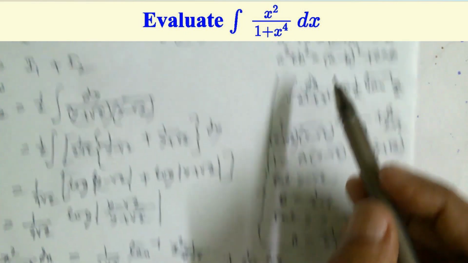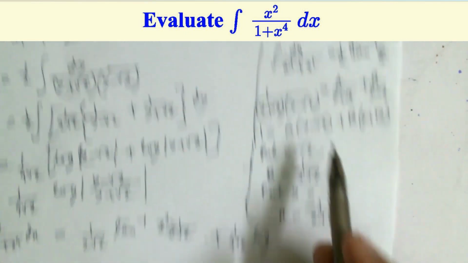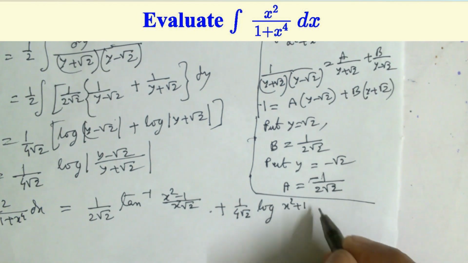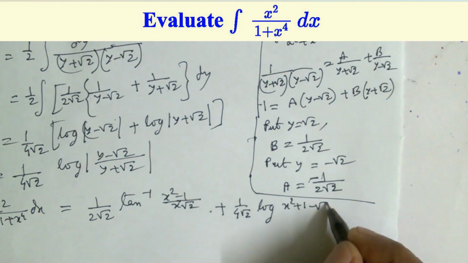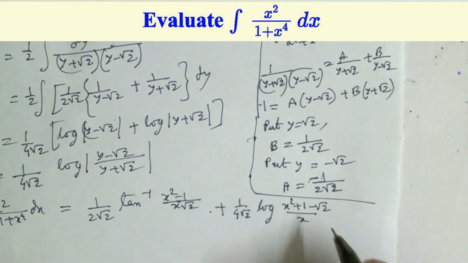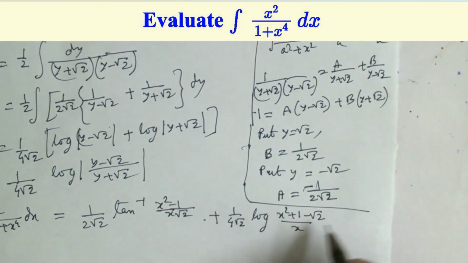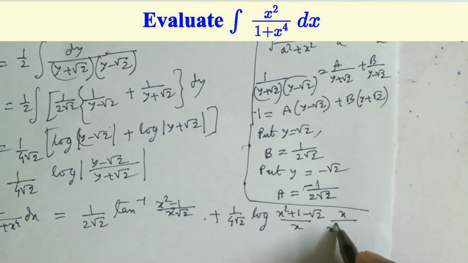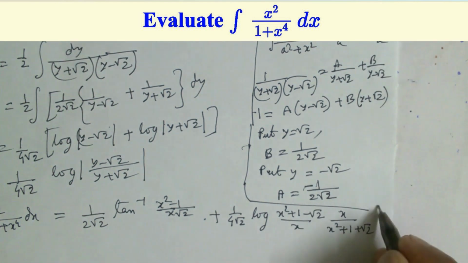What is y? x plus 1 by x, that means x square plus 1 minus root 2 by x. y plus root 2 means x square plus 1 plus root 2 by x.